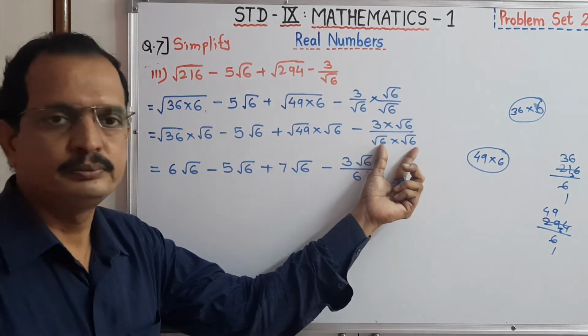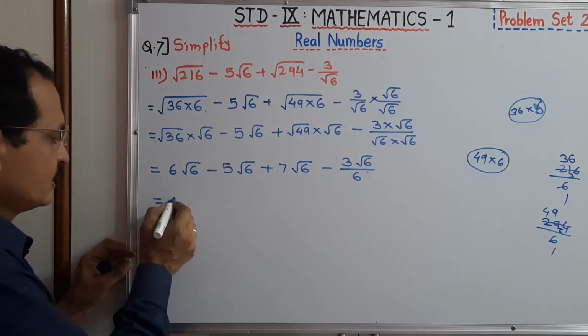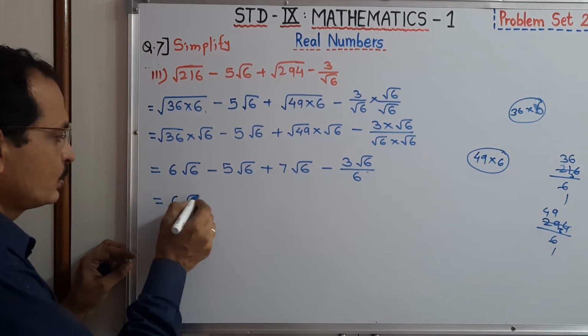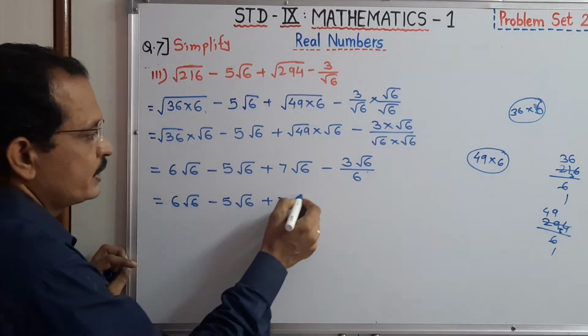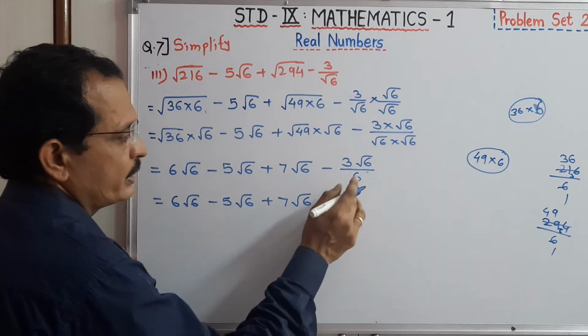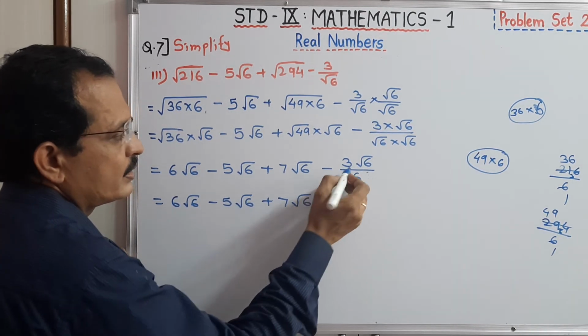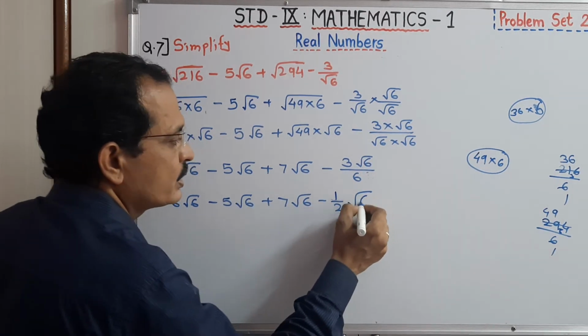Any doubt? No. Now see here, 6 root 6 minus 5 root 6 plus 7 root 6 minus, 3 ones are 3, 3 twos are 6, that is 1 upon 2 root 6.